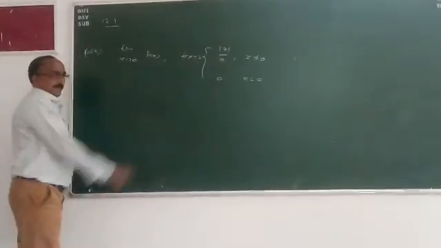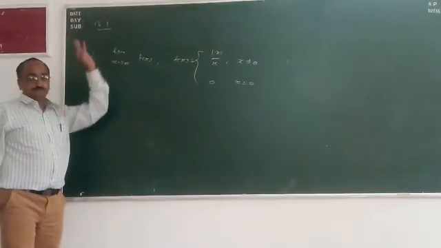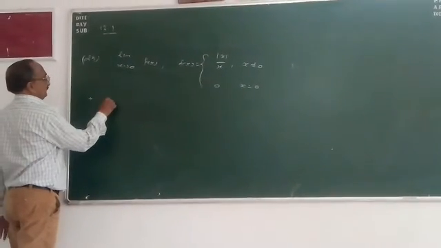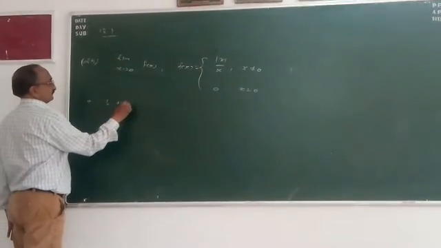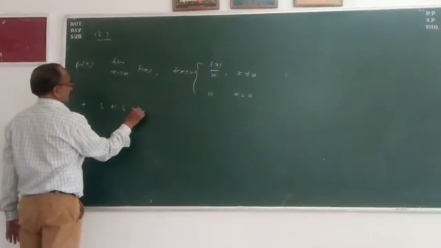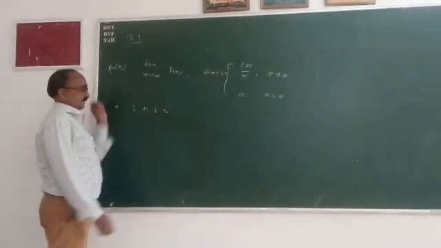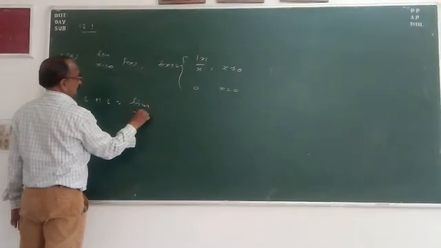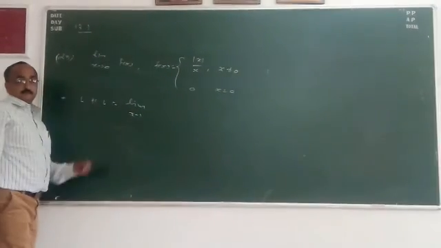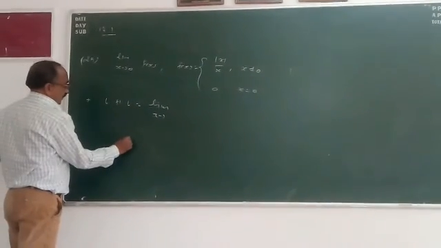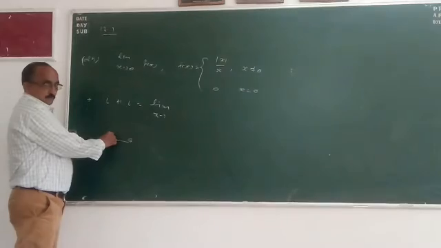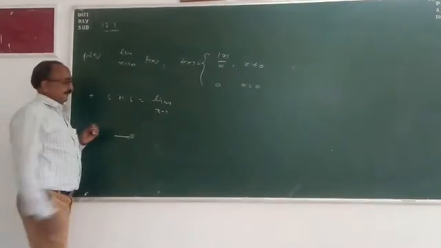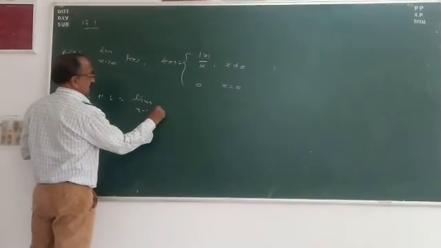For this, first we get the left hand limit, right hand limit and f of 0. Here the left hand limit is the limit where the value of x is less than 0 and goes nearer and nearer to 0. That is x tends to 0 negative.